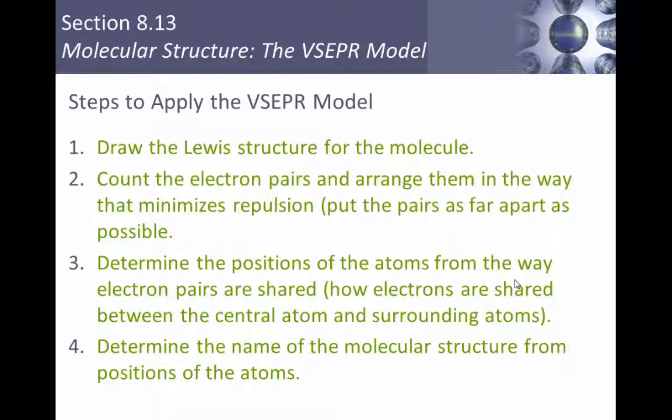And you determine the position of the atoms from the way the electron pairs are shared, whether they're being shared or whether they're lone pairs. And then you end up counting these pairs either being shared or not shared, and then from there you determine the molecular structure. And what I will do is I'll insert a clip to show you how to do this.